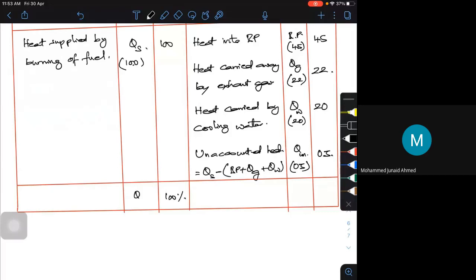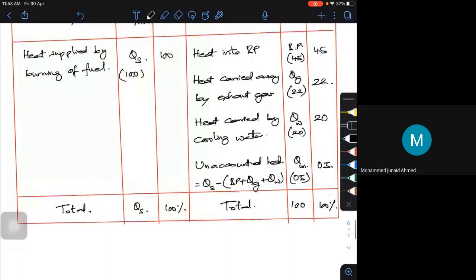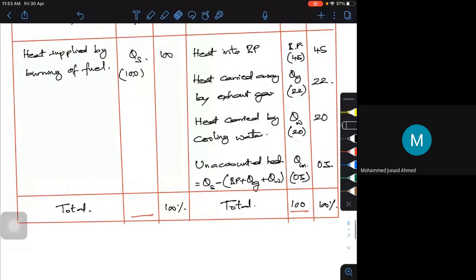This is your total on the left hand side. To the right hand side, if you add up everything, this has to come to 100%. This number should be equal to this number, which is 100, just for example. These two numbers should match, maybe in the decimal.